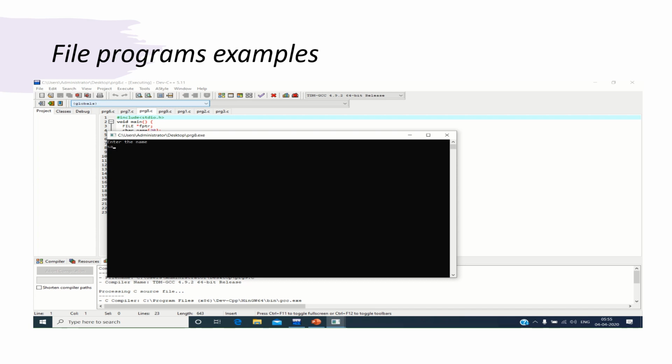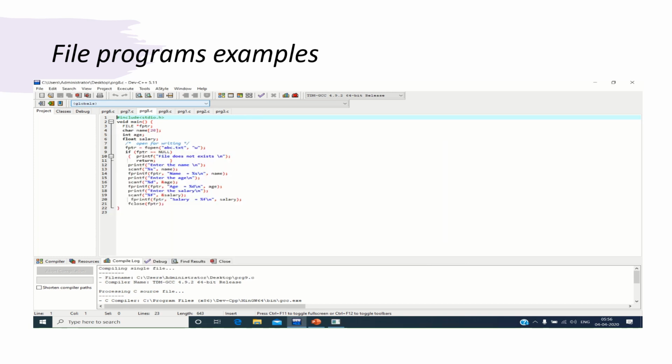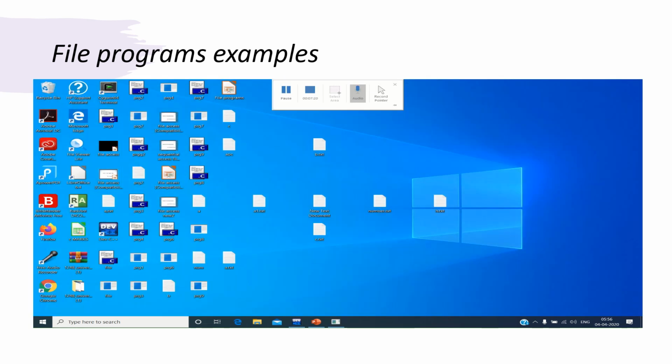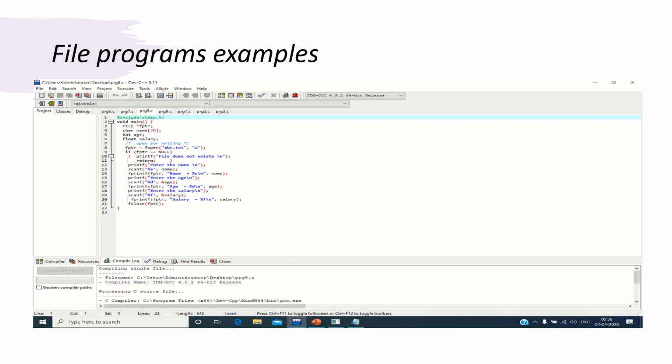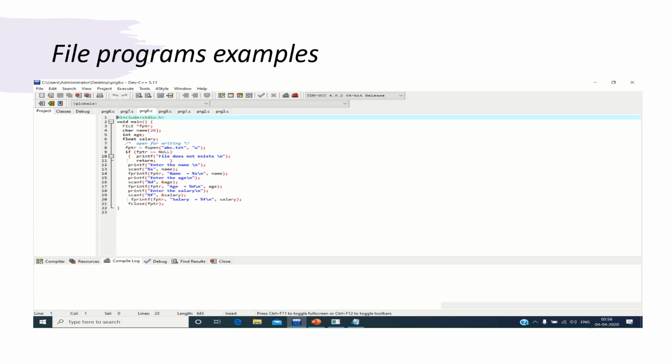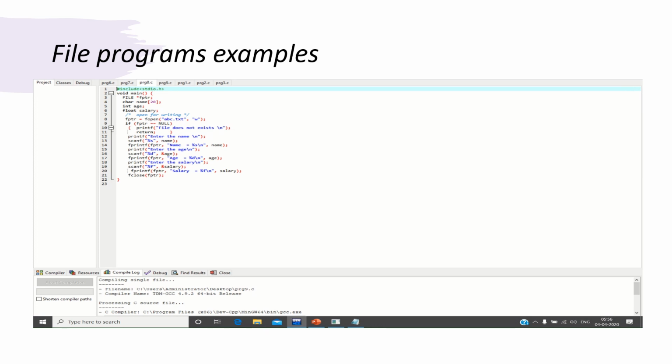It is asking to enter the name, age and salary. You can see that this content, that is name, age and salary, is written to your file abc.txt. This is the program where you are reading three inputs, name, age and salary, and you are writing them into your text file abc.txt.